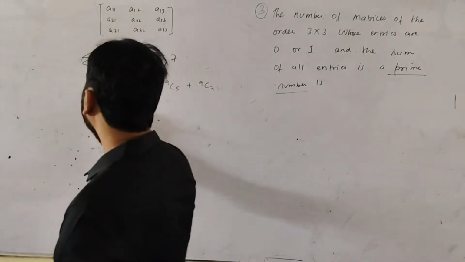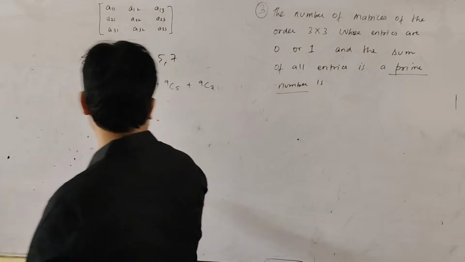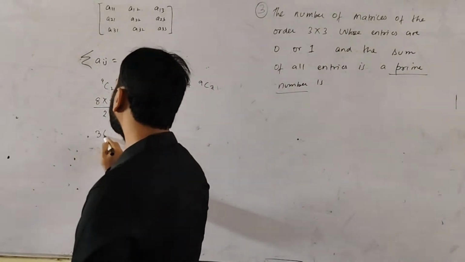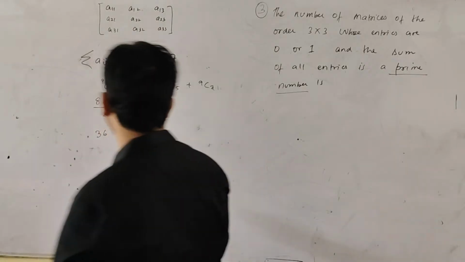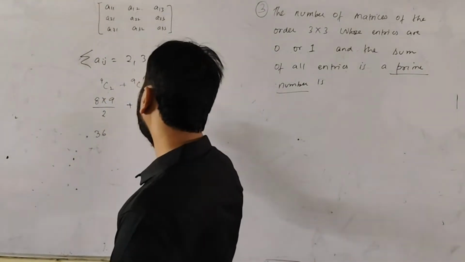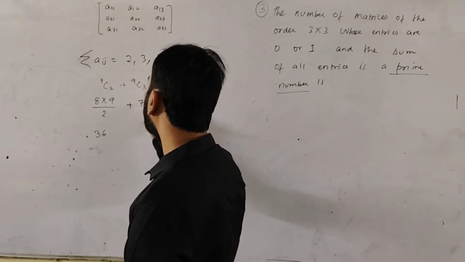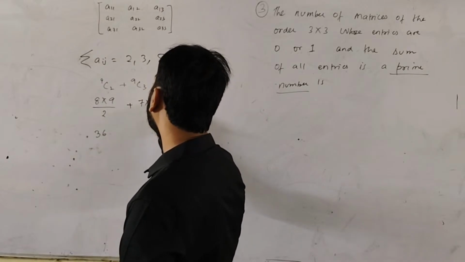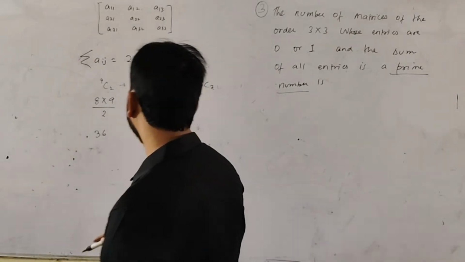9C2 is 8 into 9 divided by 2, and this will become 36. 8 9s are 72, 36. And what about 9C3? 9C3 will be 9 factorial over 3 factorial times 9 minus 3 factorial, that is 6. So I can write 7, 8, 9 divided by 3 factorial, that is 6.